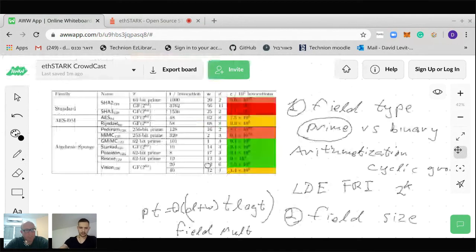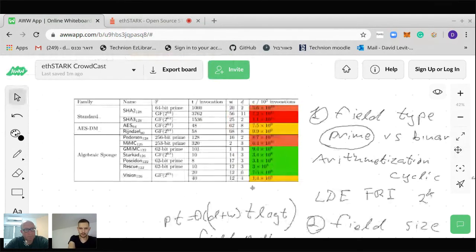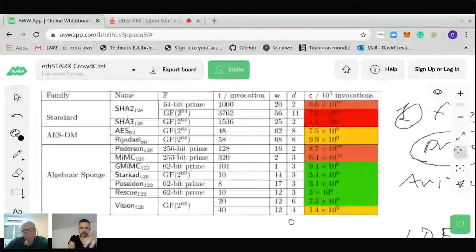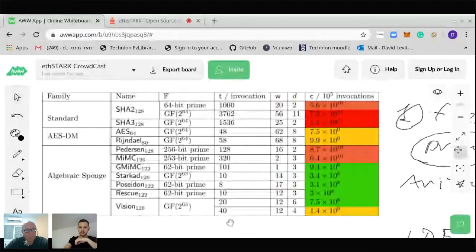Okay, so if I go back here, let me zoom in. So we can see all the candidates that we considered. On the right column, you can see the proving time that we calculated for 10,000 invocations of the hash.